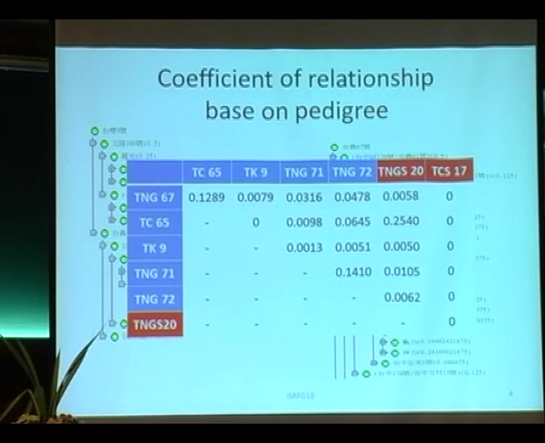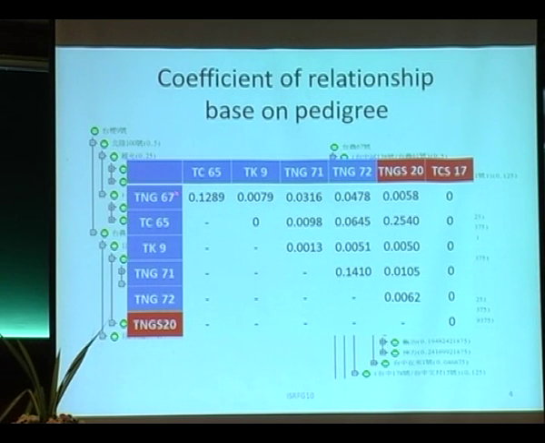But now we can see the coefficient of relationship based on its pedigree. Here, the bigger number means the relationship is closer.